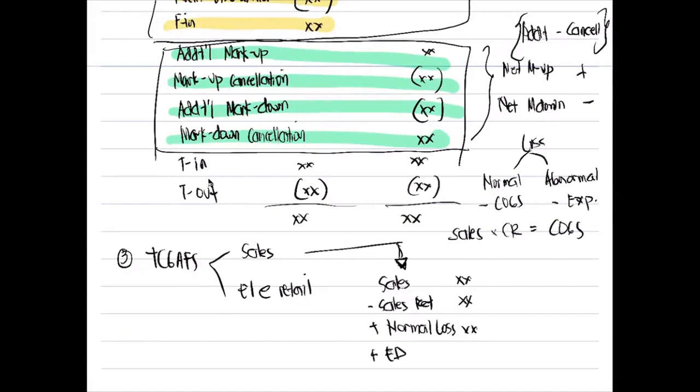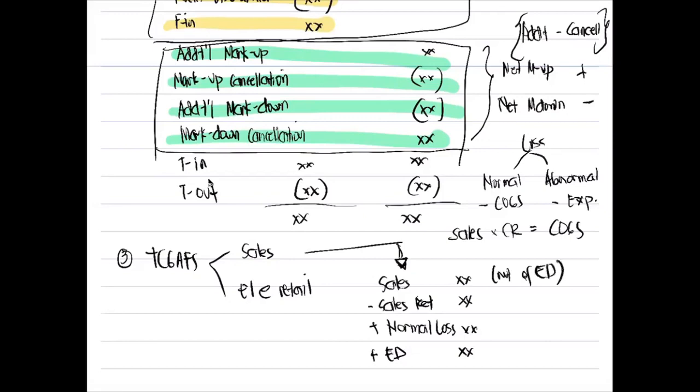Plus employee discount. Sir, how about an employee discount? This employee discount normally happens in case of a purchase by your employees, and they are given a discount percentage that is specific only to them. If you do not add that employee discount to your sales, it means this sales is net of employee discount.